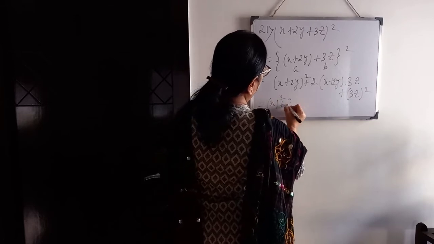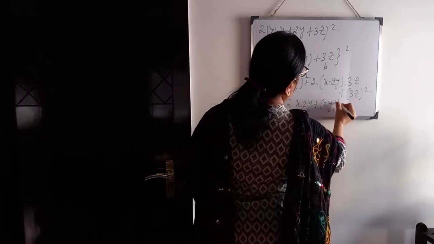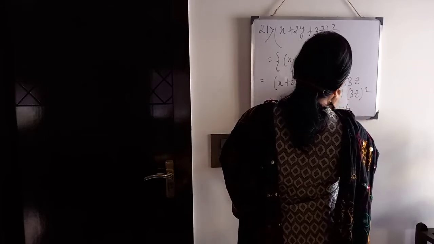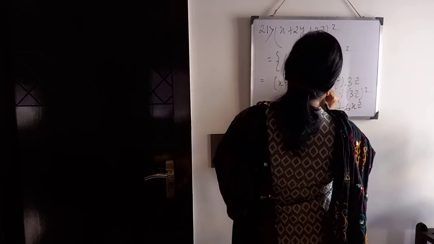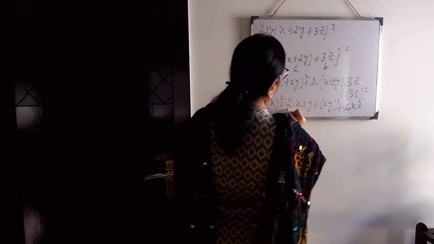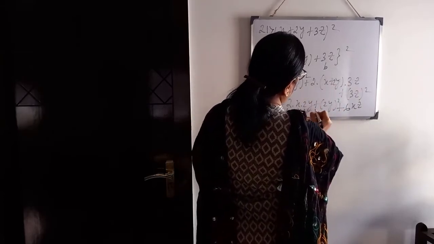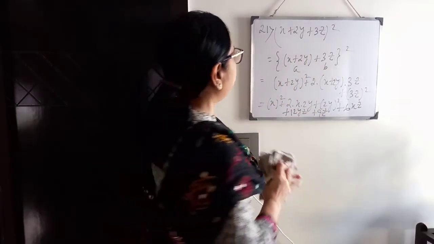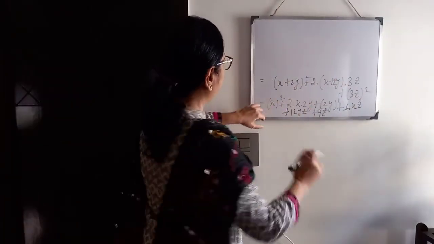A square plus 2AB plus B square plus 3 2s are 6, we will multiply, x into z, xz plus 3 2s are 6, 6 2s are 12, yz plus 9z square. Then again we have to multiply, this step we have to do.